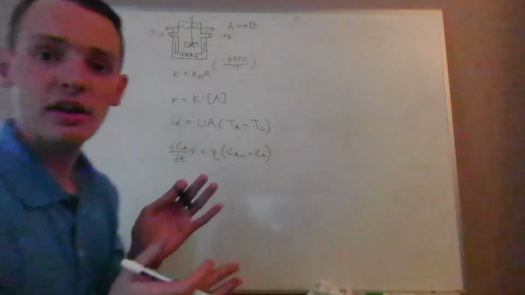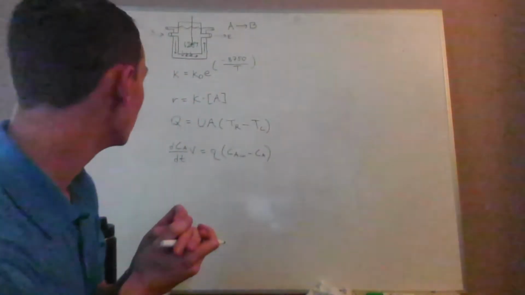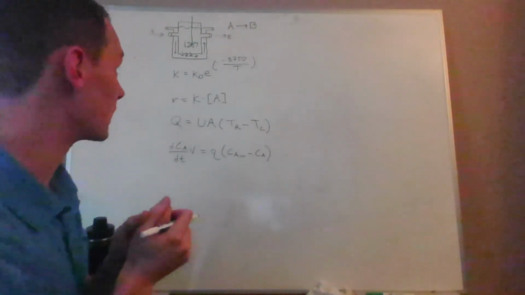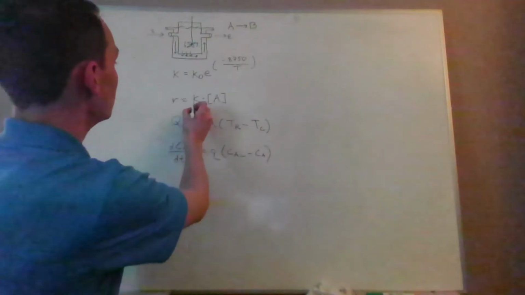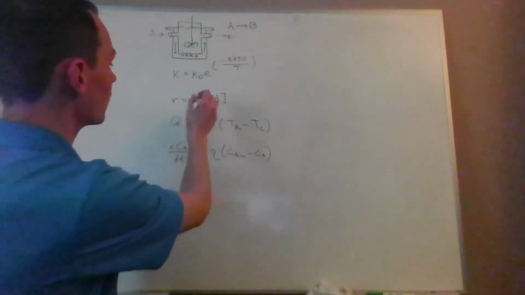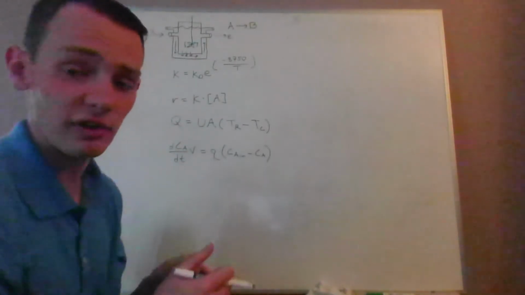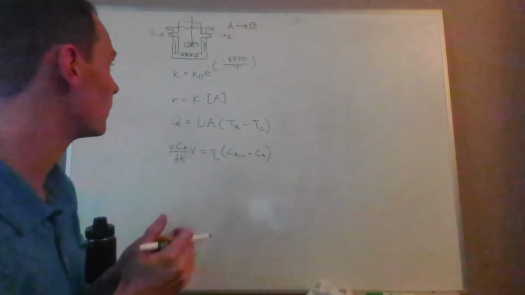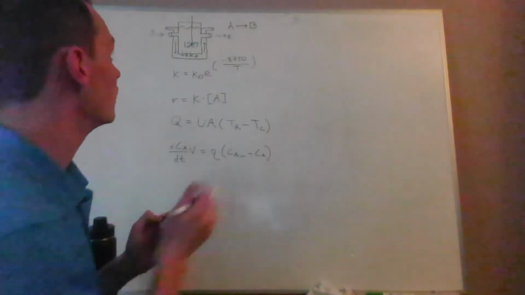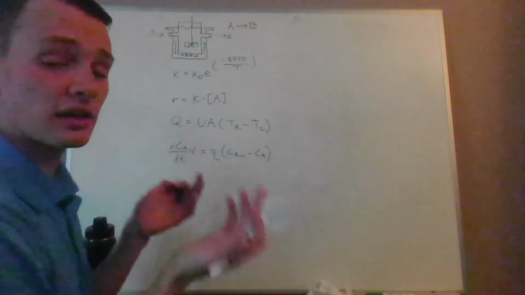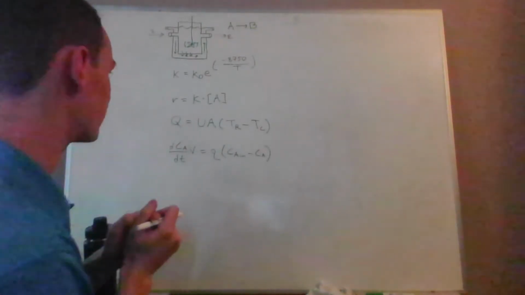Okay, the last part of our mass balance here is the consumption. We have some A that's reacting, it's becoming B, and that's given by our reaction rate R, which is set equal to the rate constant multiplied by our concentration of A, not raised to any powers or multiplied by anything, because our coefficients were given as just 1, and the reaction is a first order reaction.